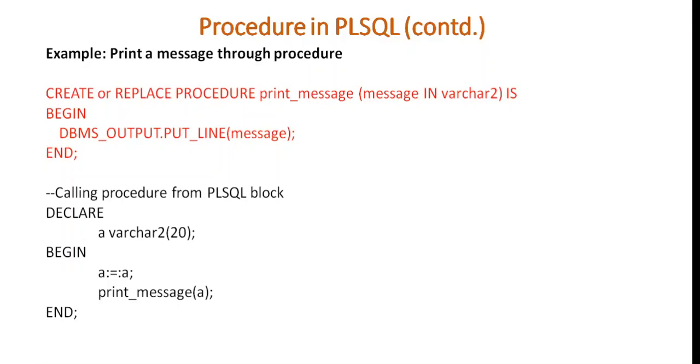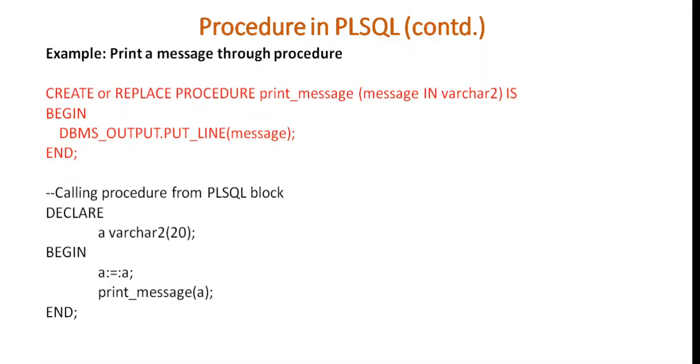We are passing that value to the procedure. So when we write print_message(a), control will get transferred to that particular procedure, print_message, with the parameter a. Here a is a parameter given by the calling block to the procedure as input, and then the procedure will print that message which is given by the calling block.